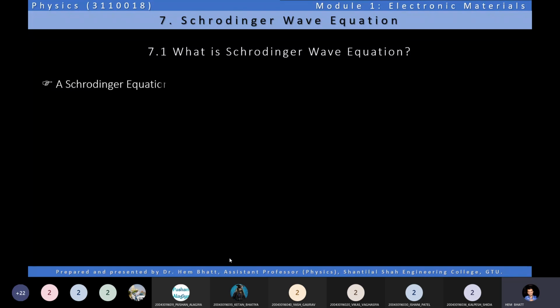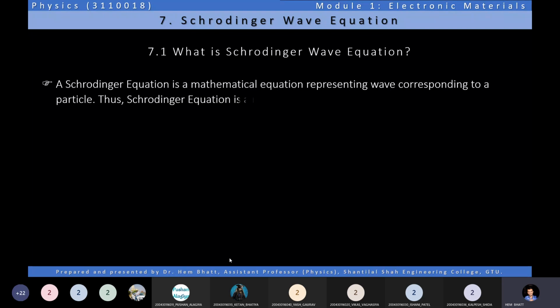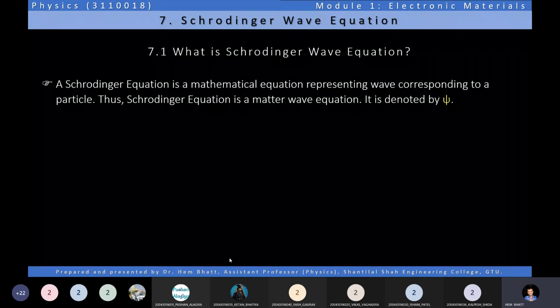So a Schrodinger equation is a mathematical equation representing the wave corresponding to a particle. The equation of the wave associated with a particle is the Schrodinger equation. So you can say that Schrodinger equation is a matter wave equation and it is denoted by psi.